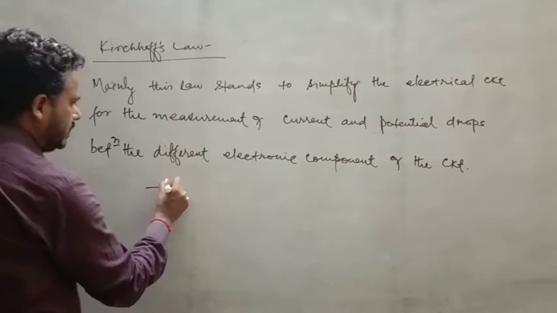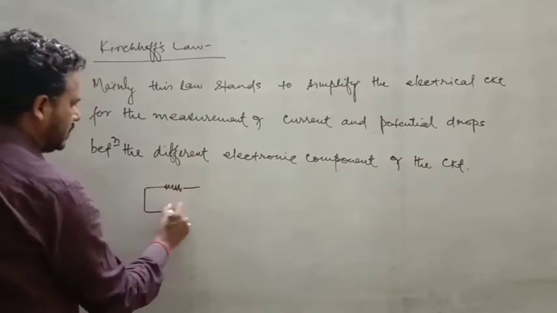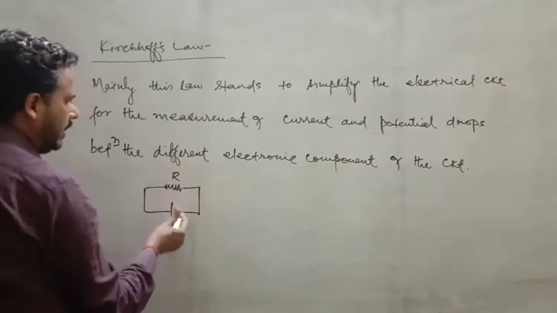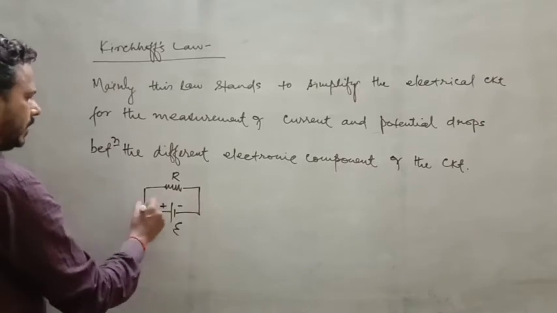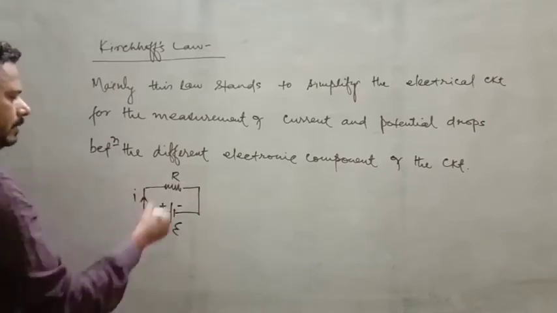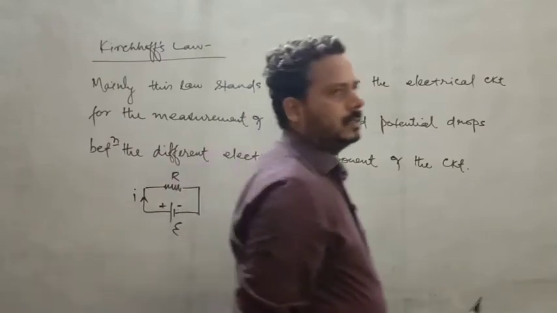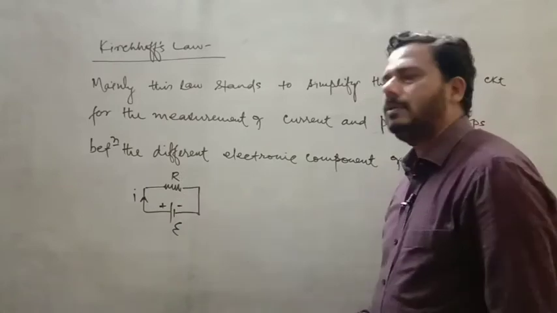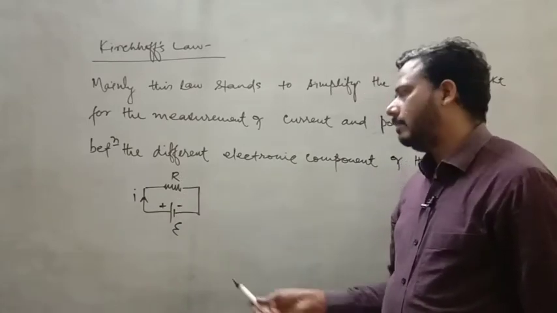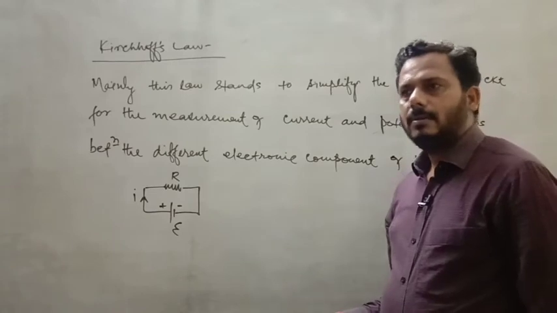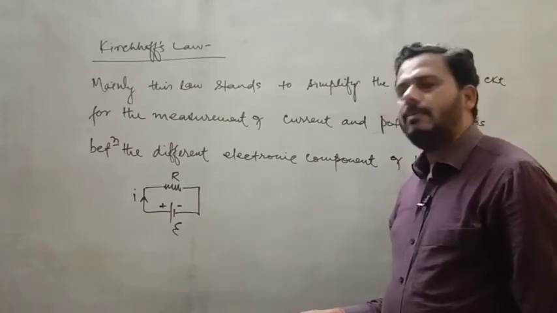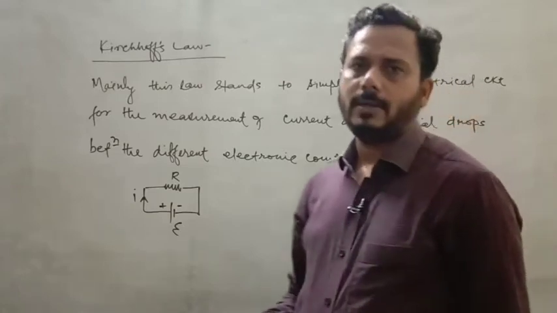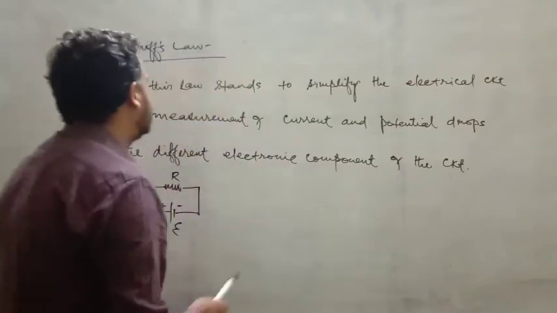Suppose we have a resistor connected to an EMF, then you can say this is a simple circuit diagram. From here you can easily find the current I in this circuit and the resistance. But a simple circuit cannot make a device, so you need a complex circuit diagram. That is where you need Kirchhoff's law.